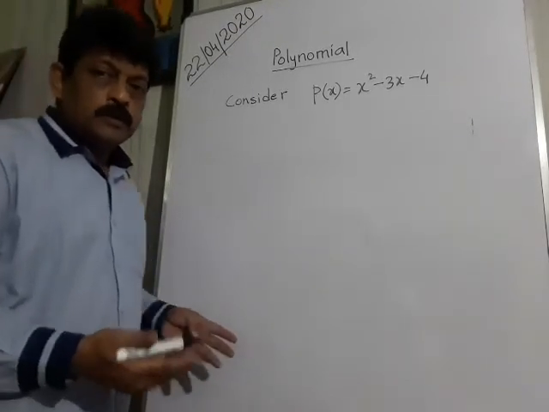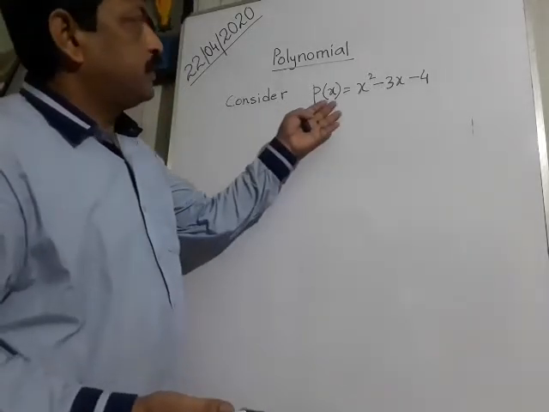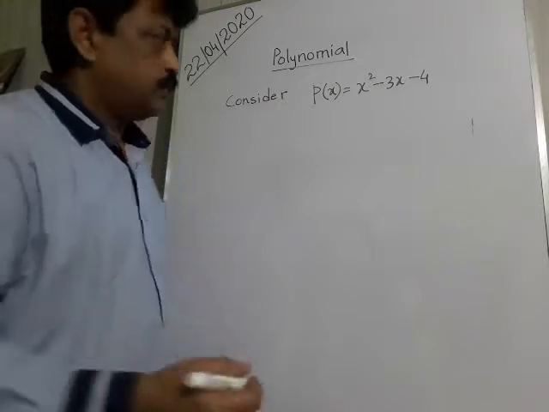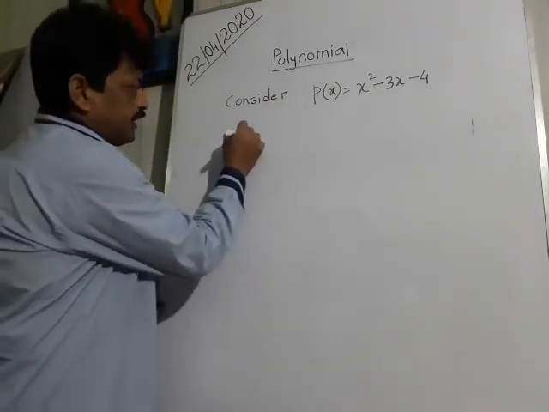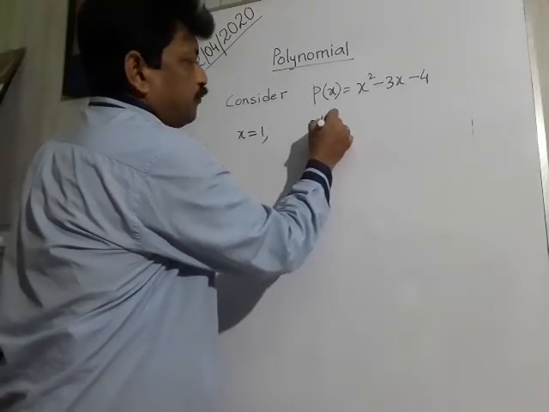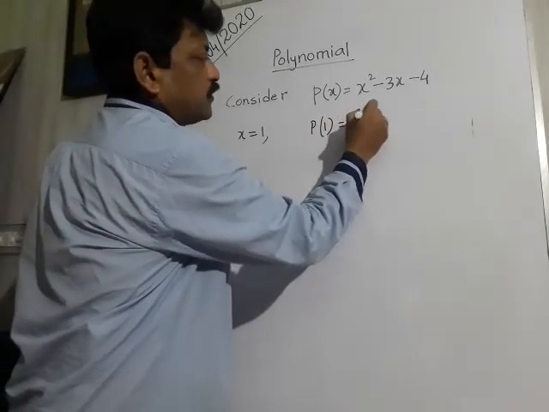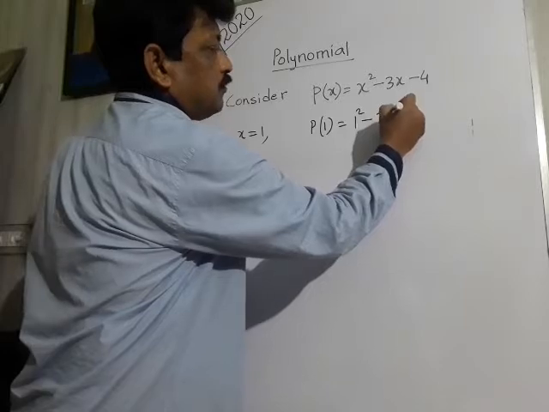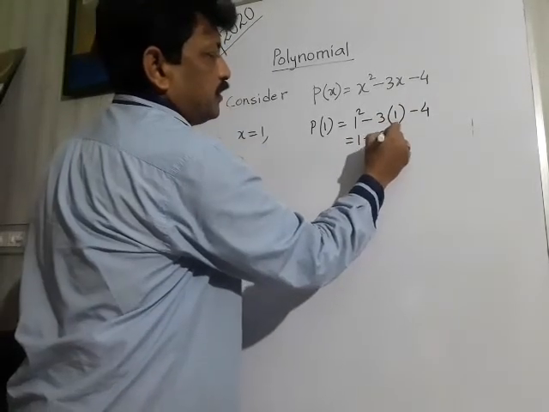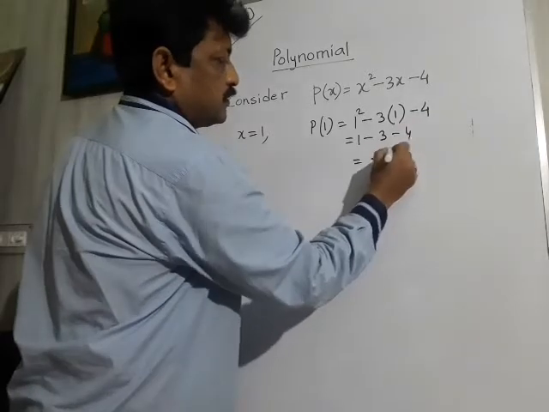Now consider a polynomial p(x) equals x square minus 3x minus 4. If we put x equals 1, we will get p(1) equals 1 square minus 3 multiplied by 1 minus 4. So that will give us minus 6.